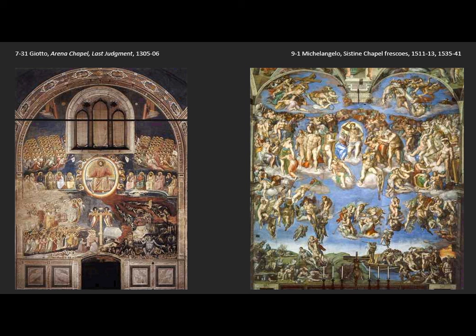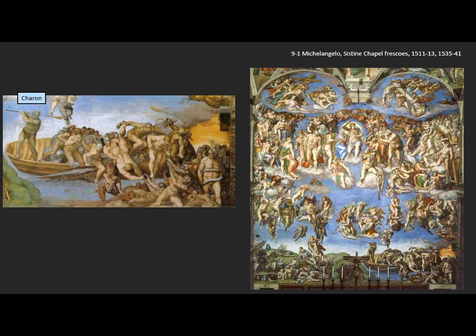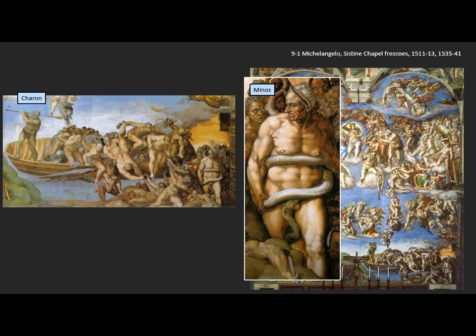In the lower right corner, we see the mouth of hell opening, and we see Charon with his boat leading the damned souls across the river Styx to be thrown into hell. Hell is on the right, red behind, and we see a figure standing in front of it. This is Minos, the judge of the underworld.